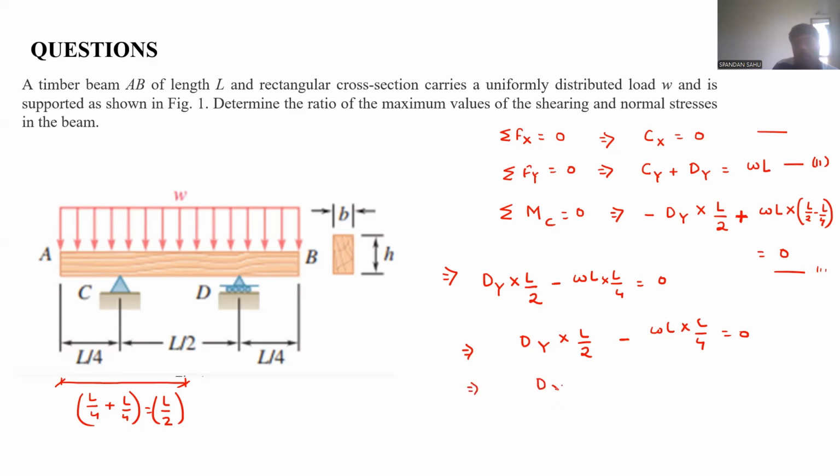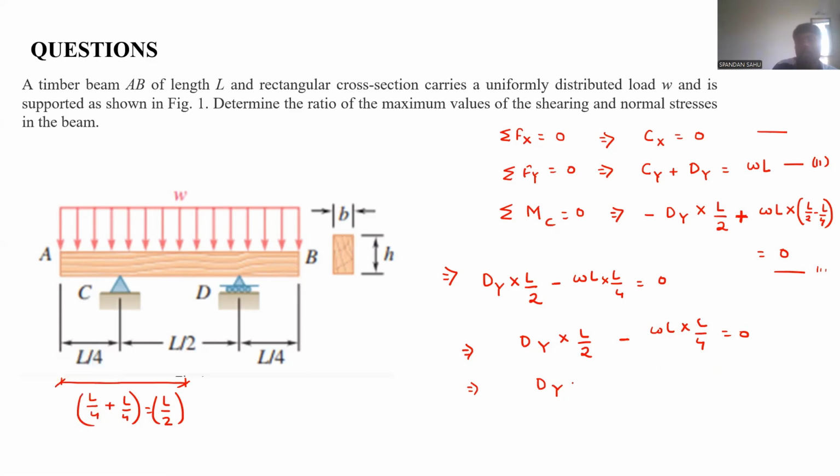So now Dy will be equal to WL square by 4 into 2 upon L. So basically, upon simplification, you will directly get WL by 2. Okay.